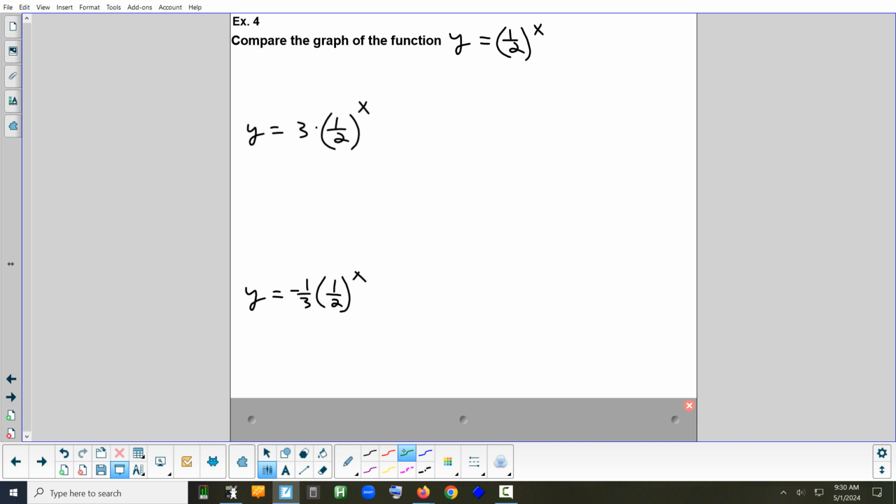Notice too, what's the b value in every one of these problems? A half, it has to be. I can't ask you to do a compare problem if these aren't all the same. It doesn't work. So those will always be the same when you do a compare.